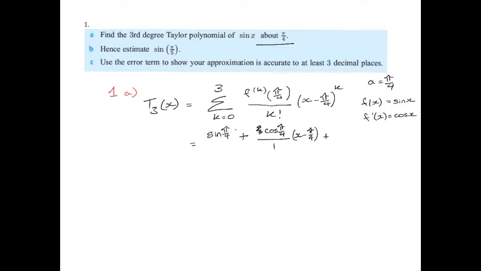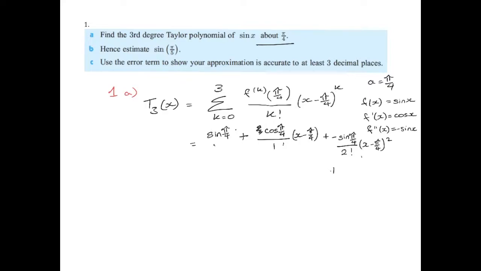Plus, now I want to do k is 2. So now I need the second derivative. What's the second derivative? Derivative of cos x is negative sine x. So I get negative sine of pi on 4 over 2 factorial times x minus pi on 4 squared. Okay, so k was 0 here, 1 here, 2 here.